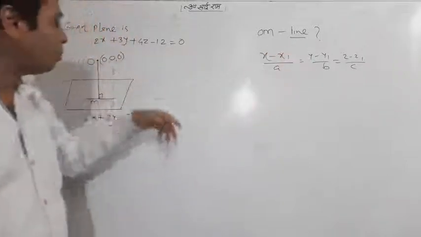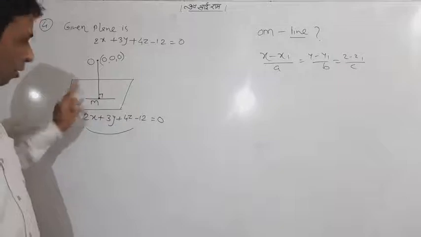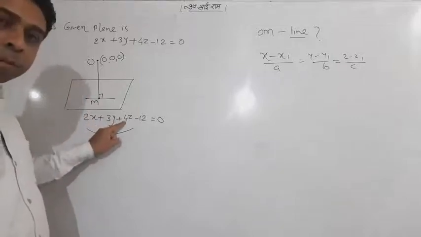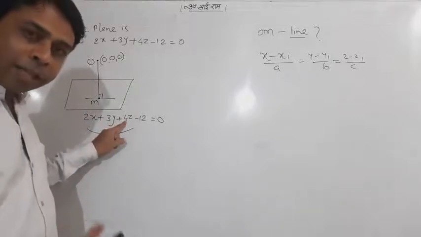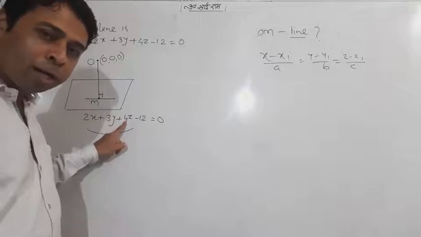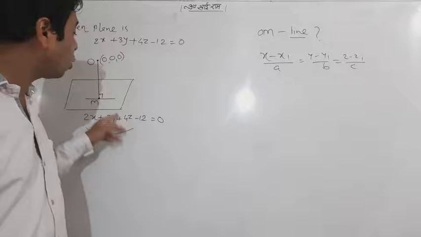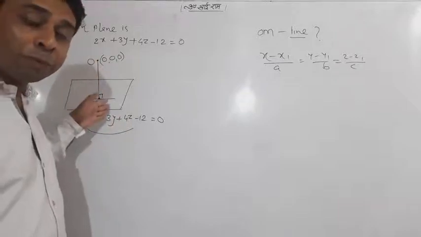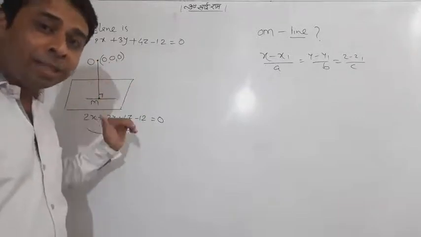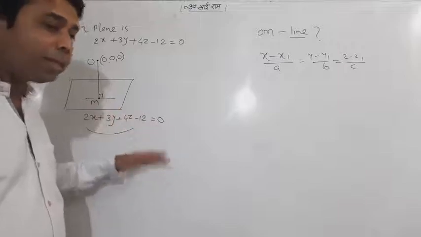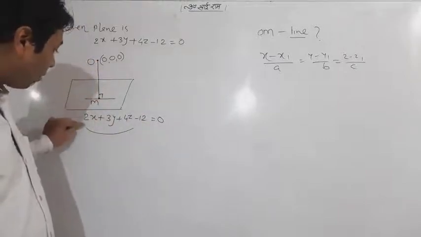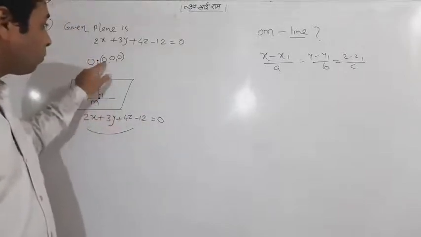So if I ask you what is the ratio of OM, it is 2, 3, 4, because 2, 3, 4 are the ratios of the normal of the plane. So the ratio of OM is 2, 3, 4, and it passes through 0, 0, 0.